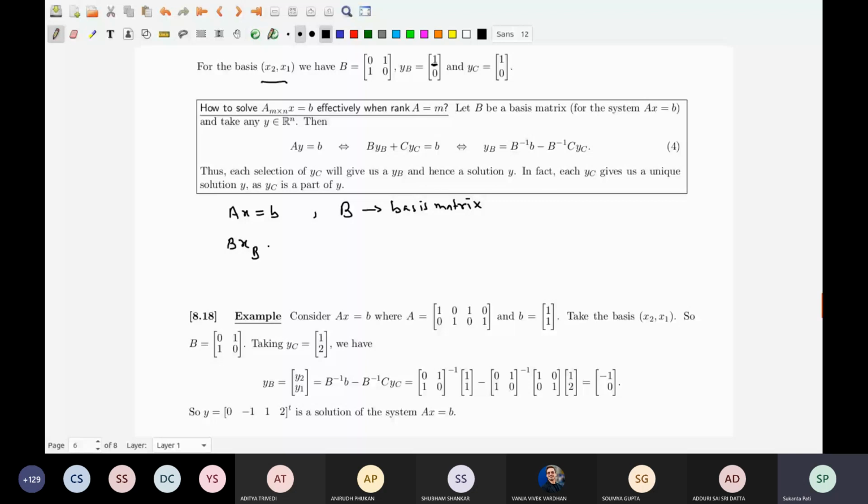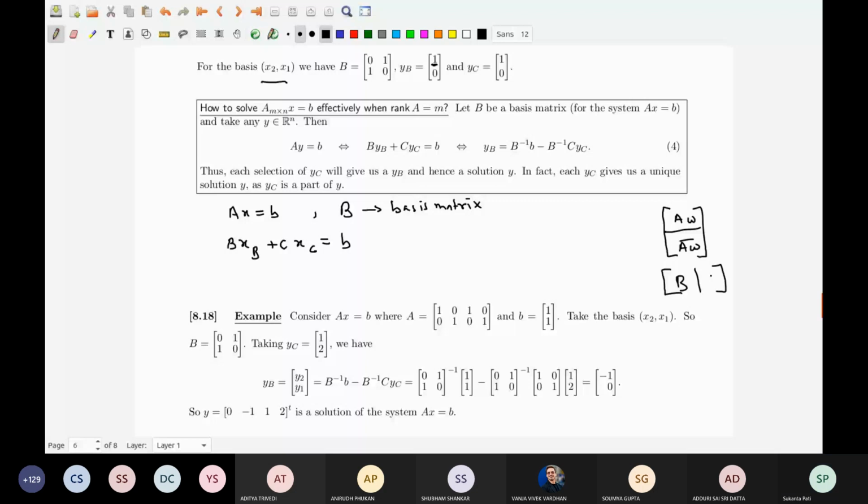This C matrix is the remaining part of A. By the way, I am not using a bar or something like that. That bar thing was happening earlier, when this side was A W bar. Right now we have something like this: this side is B and this side is C. That was the column style, this was the row style.